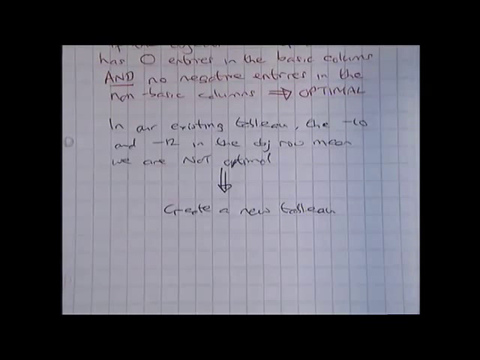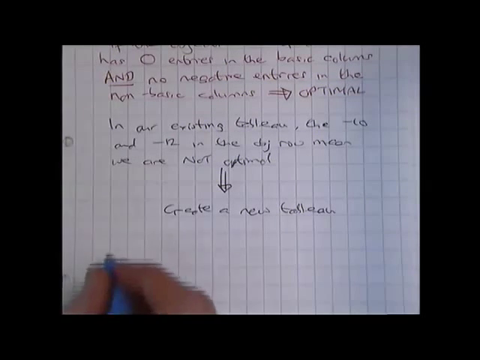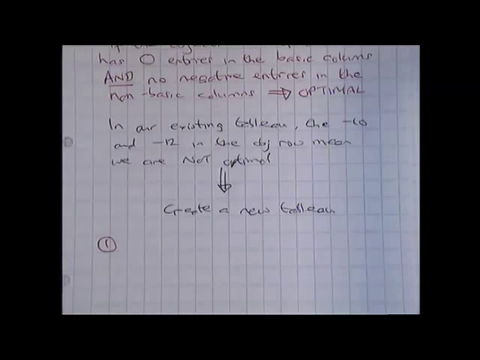And what we're going to do now is run through the steps of how you make a new tableau. Are we going okay, or am I going a bit too fast at the moment? Okay? Right.